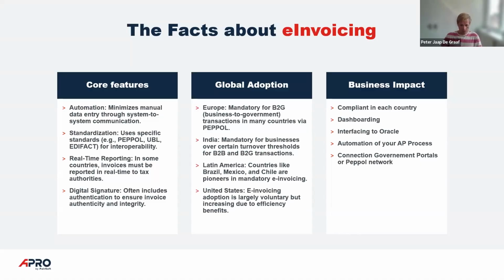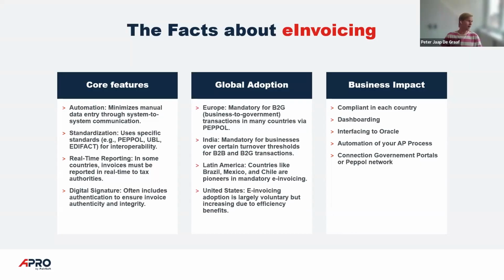What you see, of course, is the global adoption, so it's not only in Europe, but you can see it in India, Latin America, and also in the US. There are a lot of volunteers to use e-invoicing because it brings automation. What's the impact? Well, the biggest impact is, of course, that you need to be capable of receiving and sending XML invoices.